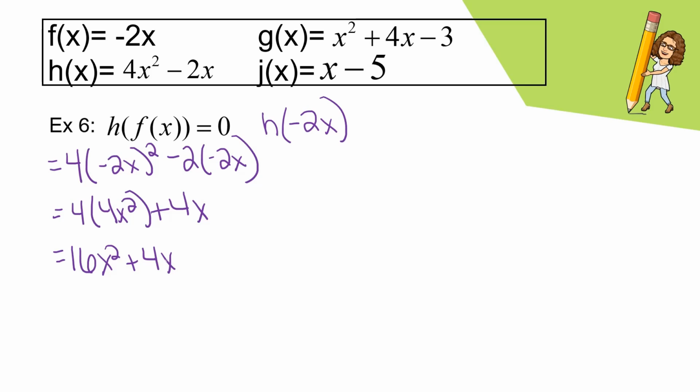Now, they want that equal to 0, which means we are going to be able to get an answer of x equals numbers. So over here, I'm going to take my function composition answer that we just got, and I'm going to set it equal to 0. Now, since this is a quadratic, aka power of 2, I probably need to do some form of factoring possibly.